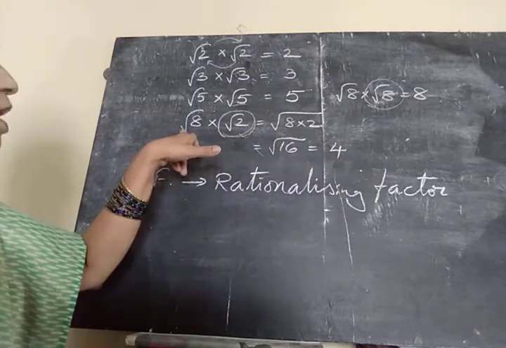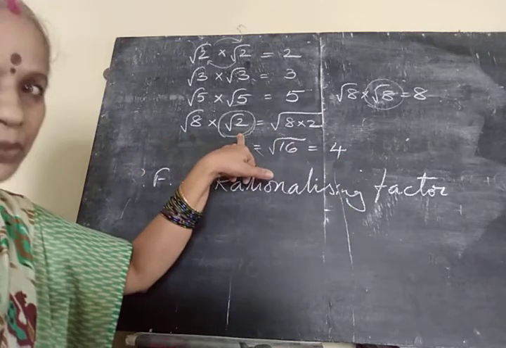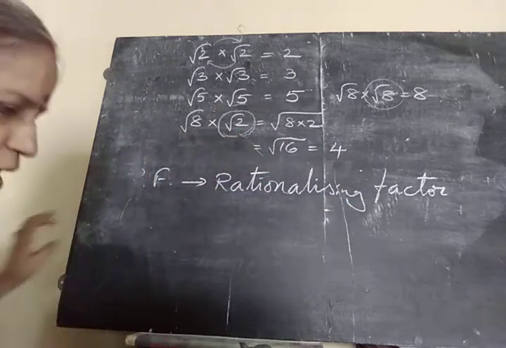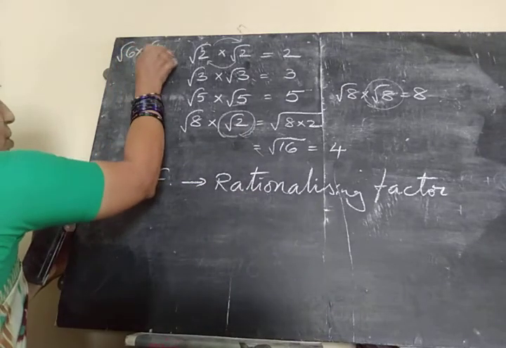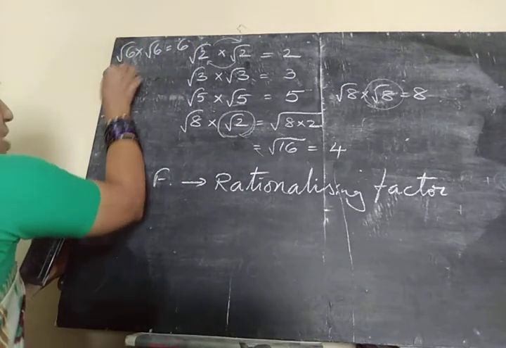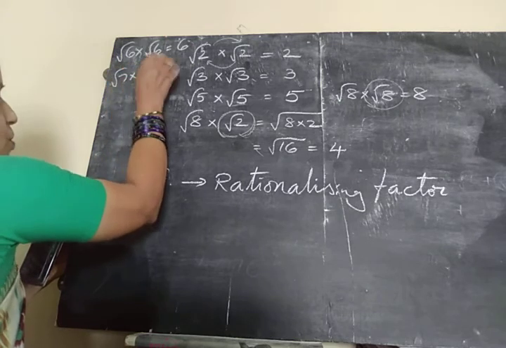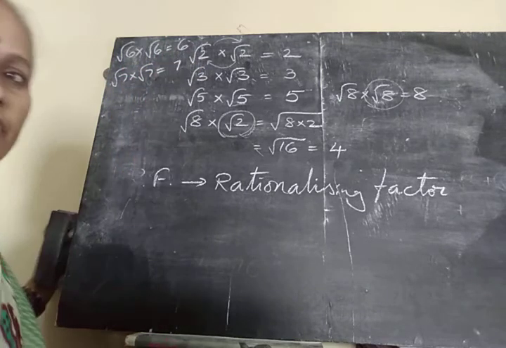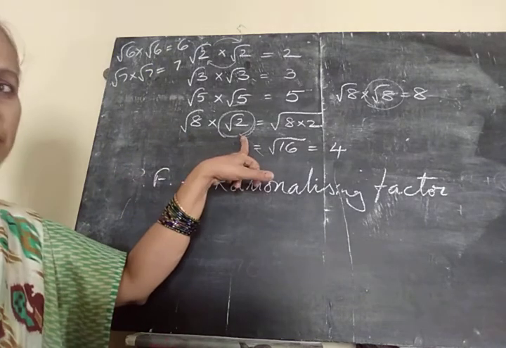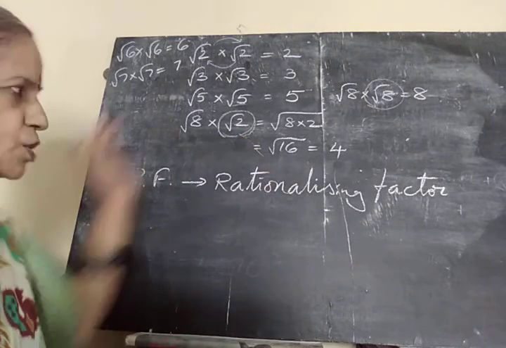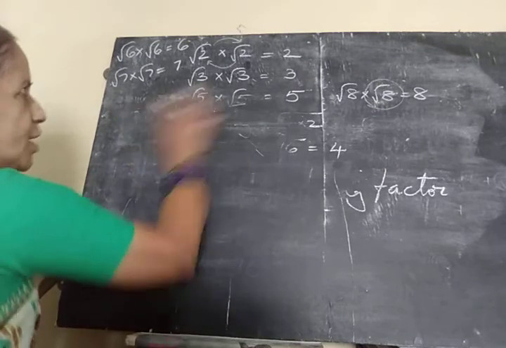So the RF of root 8 is root 2. Understood? RF of root 6 is root 6 only, root 6 into root 6 is 6. Root 7 into root 7 is 7, so RF of root 7 is root 7 only. But for root 8, we will write root 2. Understood? Now, this is called RF.